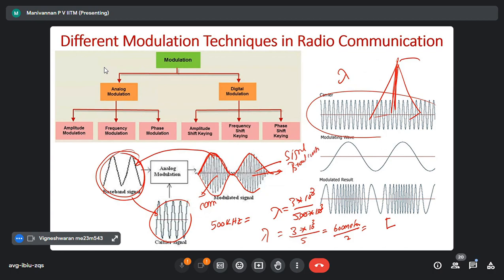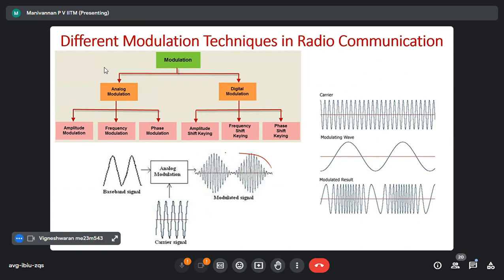Any doubts in this? Sir, one thing I want to ask: how is the modulating wave carried by the carrier? We are transmitting this. This is the modulated wave here. Please see the peaks. Originally, this was the carrier, say for example 1 gigahertz, your cell phone signal.